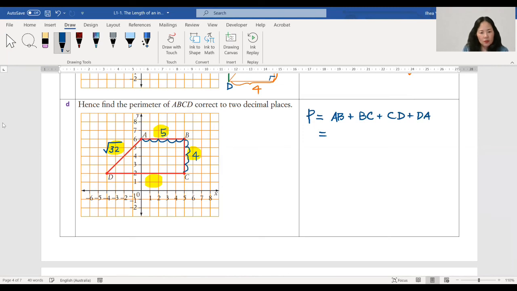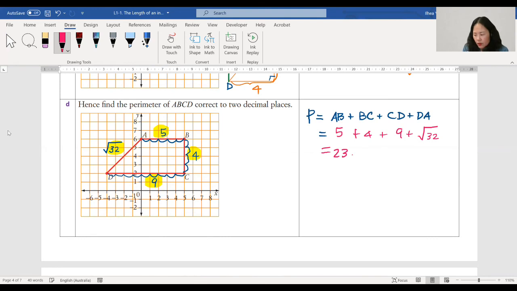And this one is 1, 2, 3, 4, 5, 6, 7, 8, 9. Okay, so let's write all those values here. So AB was 5, BC was 4, CD was 9, AD or DA is square root of 32.